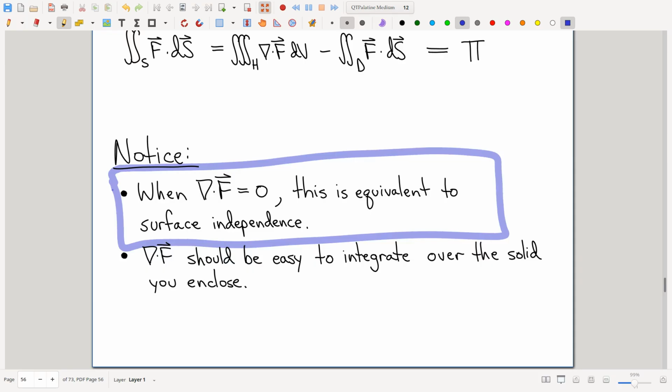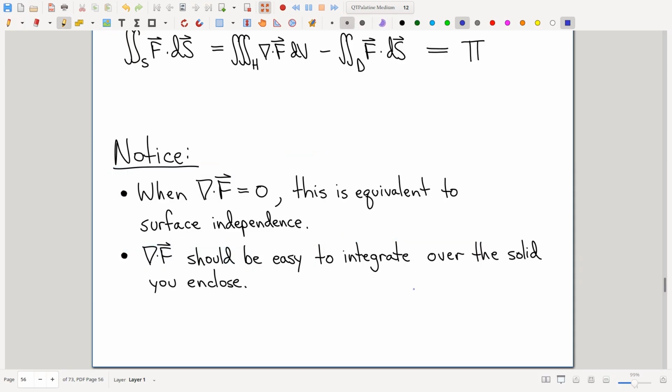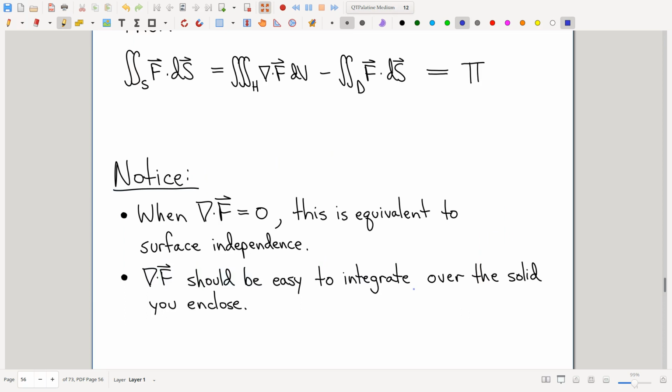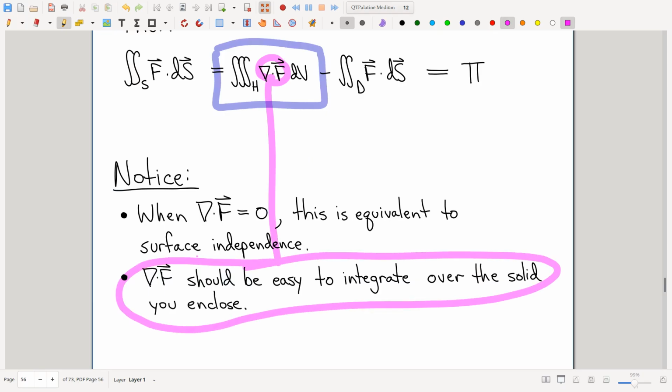And so you can see now why this is a generalization, because this method works even if the divergence isn't 0. And then, of course, since you are going to have to compute a triple integral as part of this process, you want to make sure that divergence is easy to work with, right? So you can eyeball your vector field and just look at that divergence. If the divergence is going to be something ugly, where this doesn't look like it's worked nicely, then it's probably not a good choice.